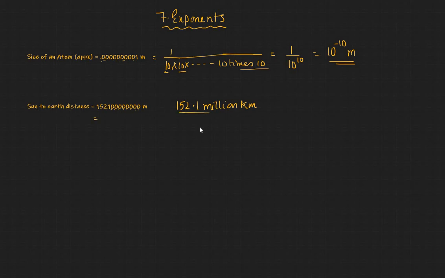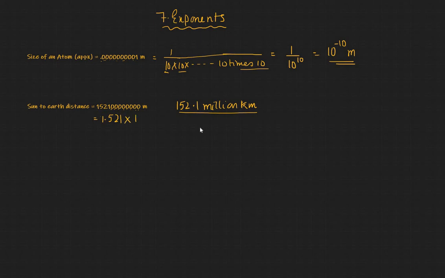I mean, this is okay. So if I need to communicate in meters, then in a very simplistic way, I can count the zeros: 1, 2, 3, 4, 5, 6, 7, 8, 9, 10, 11.